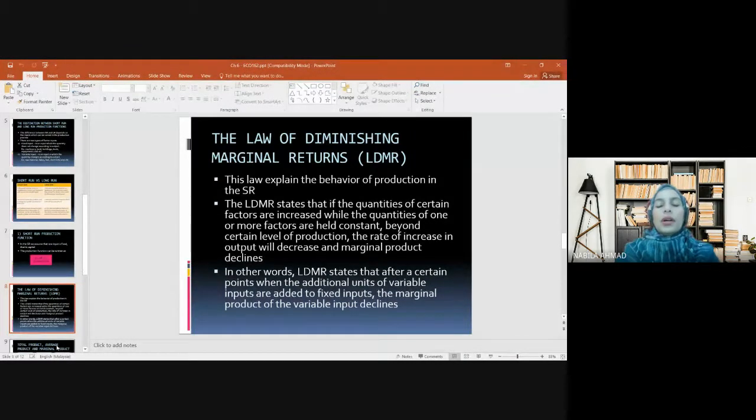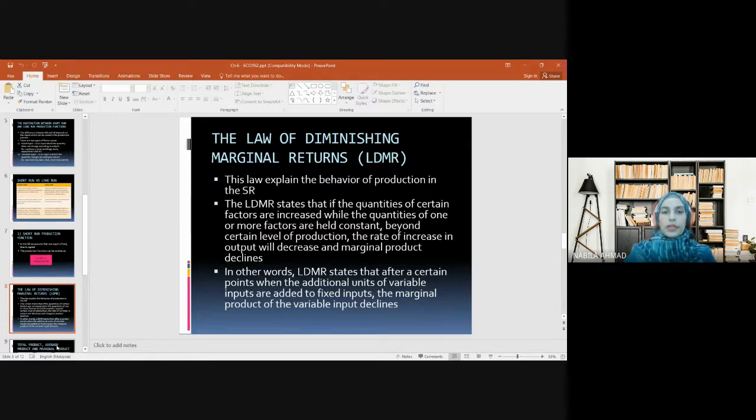So the law of diminishing marginal return states that if the quantities of certain factors are increased while the quantities of one or more factors are held constant, beyond certain level of production, the rate of increase in output will decrease and marginal product declines. Macam confusing kan? Or, in other words, the law of diminishing marginal return states that after a certain point, when additional units of variable inputs are added to fixed input, the marginal product of the variable input declines.